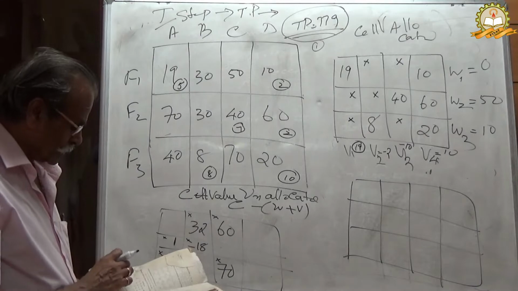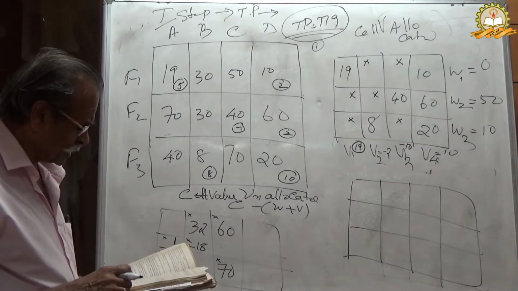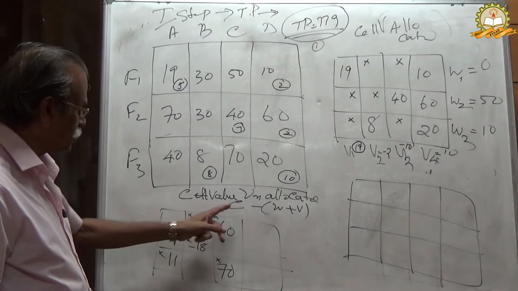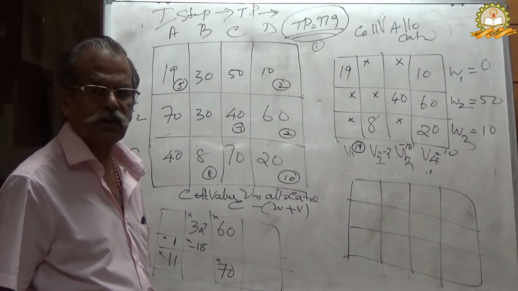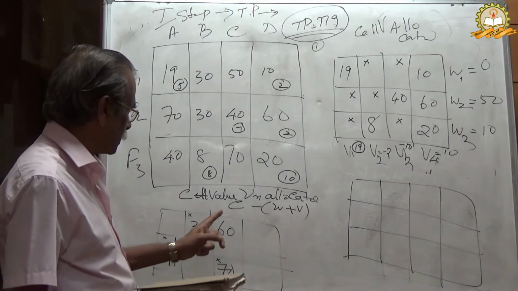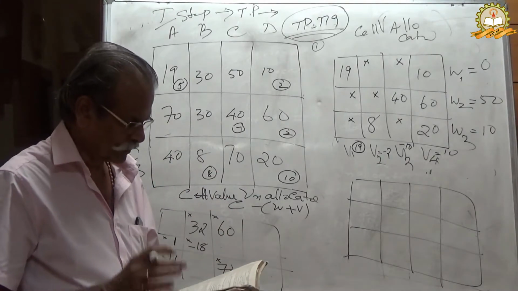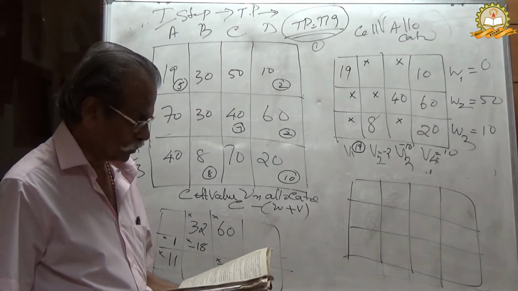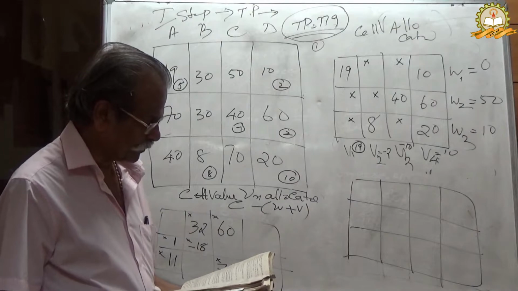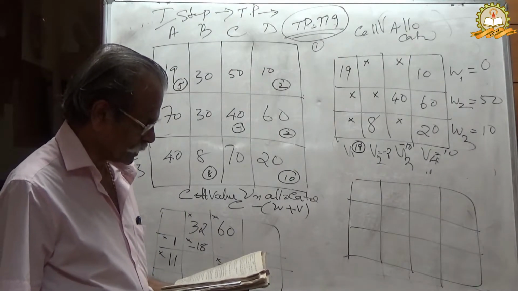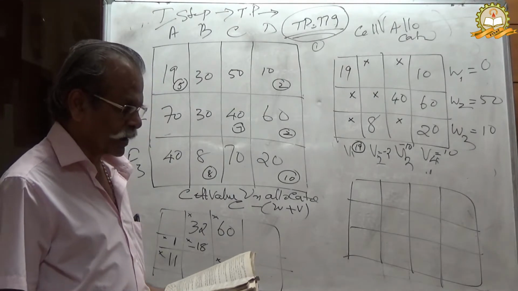Then you can write, if there are two negative values in the calculation of cell value of the unallocated cells by applying C minus of u plus v, then we take the highest negative value arbitrarily.